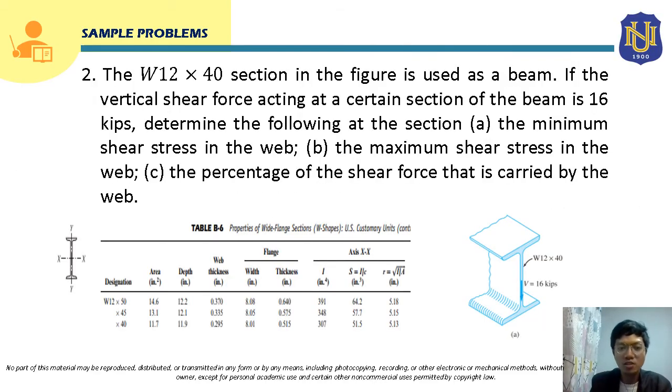Okay, now for sample problem number 2, the W12 by 40 section in the figure is used as a beam. If the vertical shear force acting at a certain section of the beam is 16 kips, determine the following at the section: the minimum shear stress in the web, the maximum shear stress in the web, and the percentage of the shear force that is carried by the web.